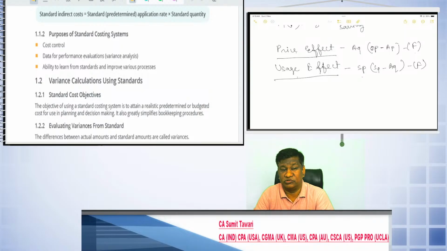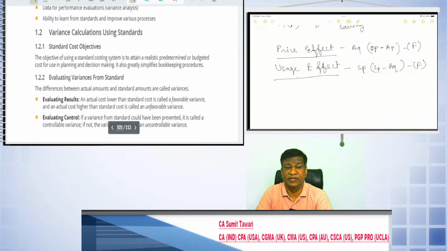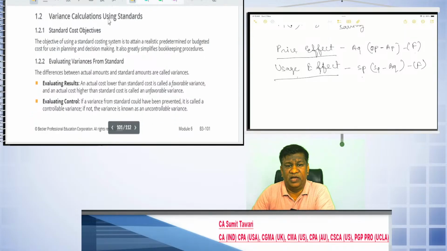We can do cost control, we can consider this as performance evaluation, and whatever learning we take from past performance, we can apply to future processes to improve them. The objective is to get an insight into whether we are in a favorable or unfavorable situation, and what the reason behind it is. So we need to evaluate the result and see how we can control it.